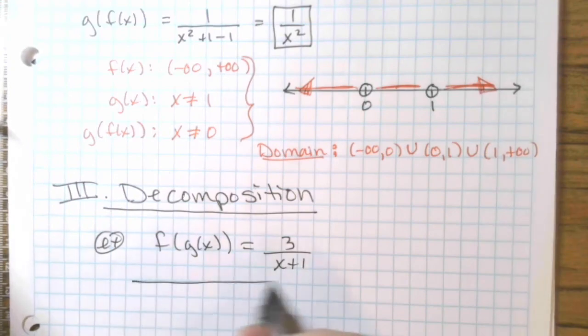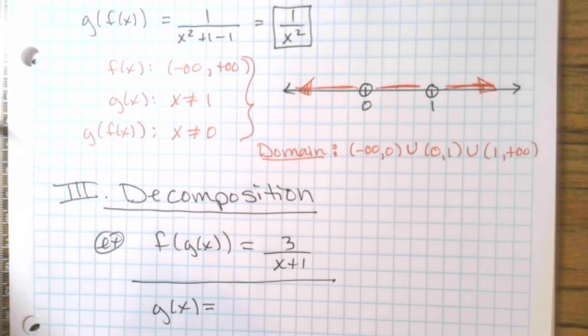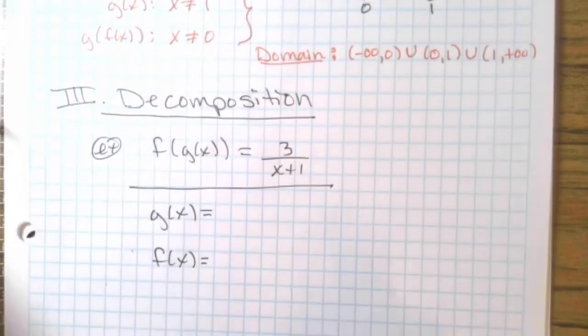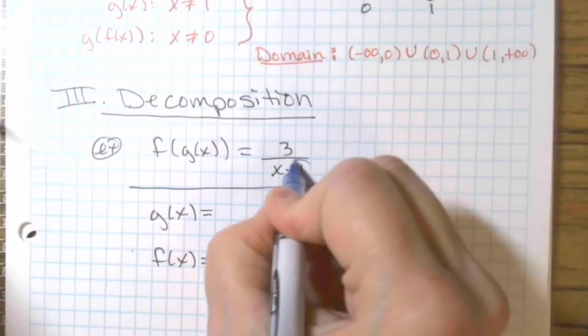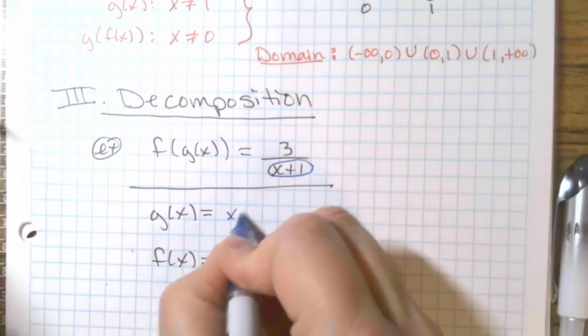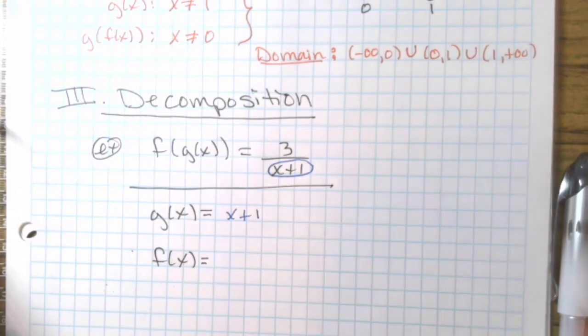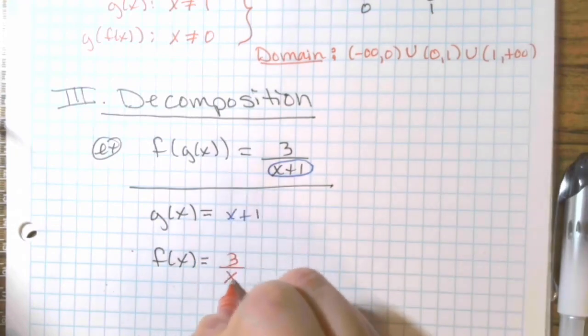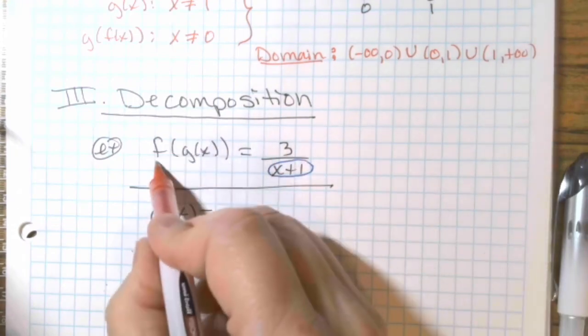When you do a decomposition, you want to decide what could g of x have been, what could f of x have been. So try not to pick a plain x, that's not a true decomposition. But if we turn this into one function, the inside function, so x plus 1, then the outside function would have been 3 over x because g was substituted into f.